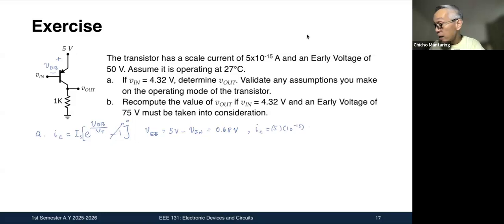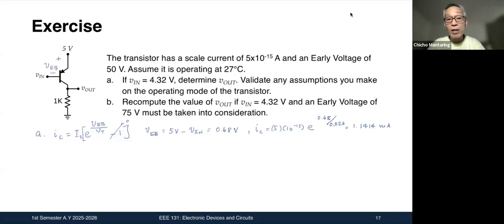e to the 0.68 over 0.026. And if you do that, the answer that you're going to get is 1.1414 mA. 1.1414 mA.